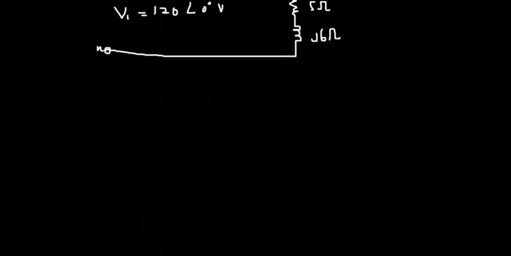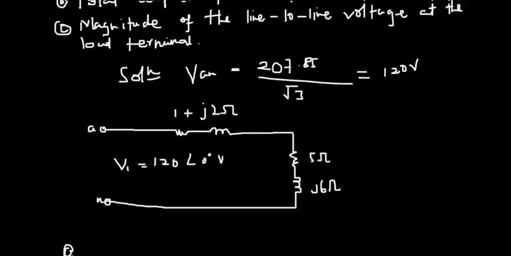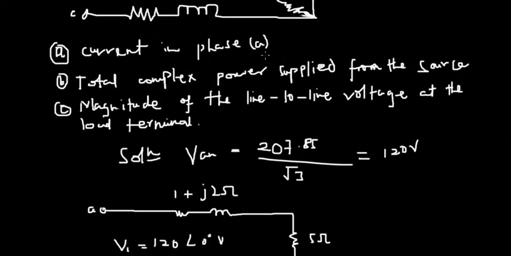Now from here we can start calculating the current in phase A. This is our phase A, so the current over here.